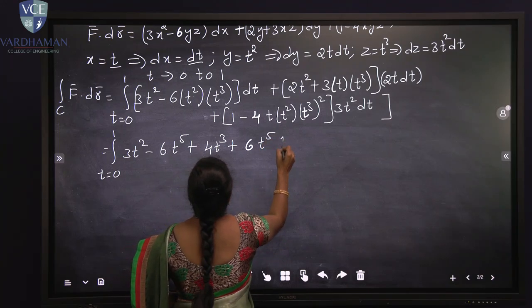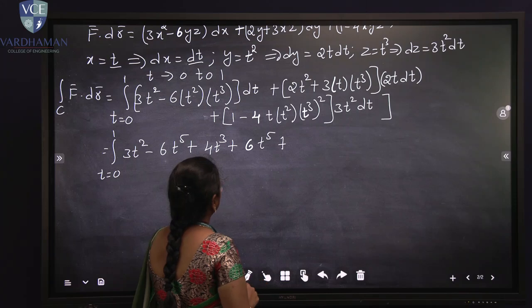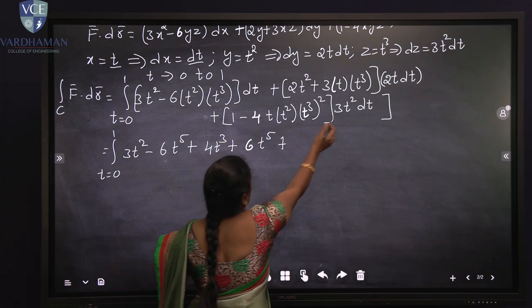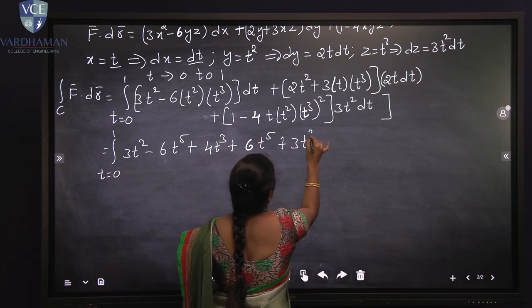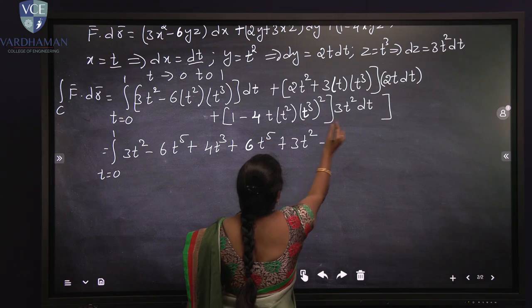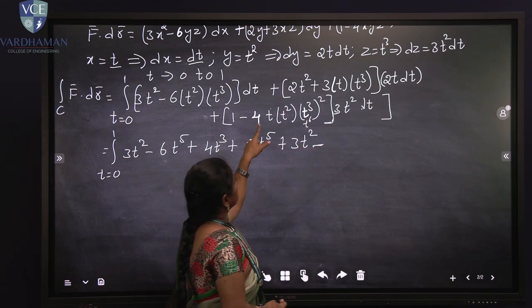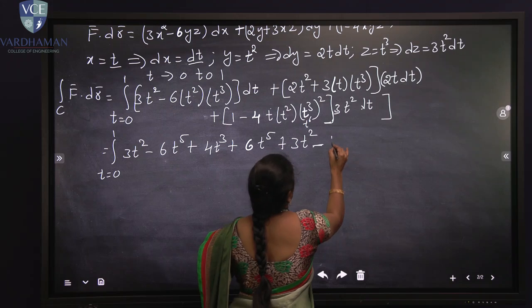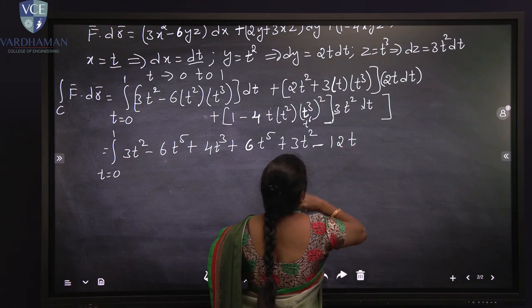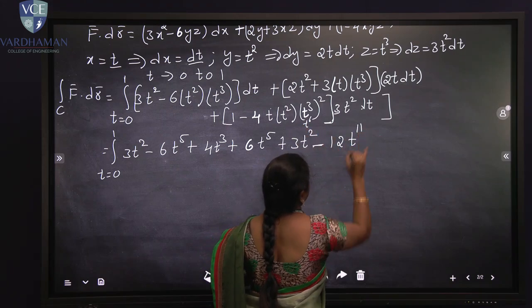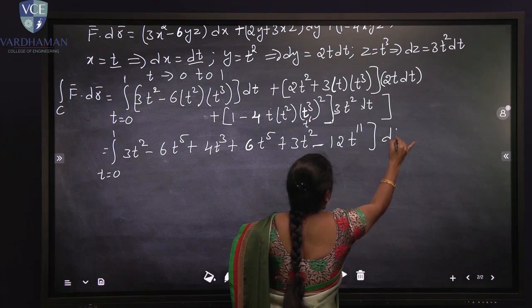Next, plus the last one, 1 into 3t square minus 3t square, 1 into 3t square, 3t square. Next, minus, we will get 12 t to the power of, all this one we get 11 dt.